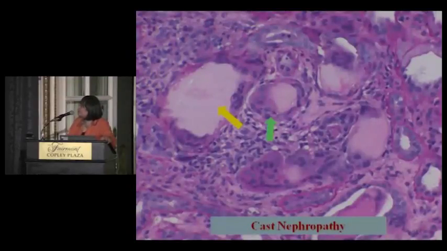Here again, you see infiltrating cells in the interstitium, interstitial fibrosis, and collagen protein deposits, but the hallmark of cast nephropathy is the cast deposit in the tubule. This cast is pale in color when stained with PAS, and this is the hallmark of cast nephropathy. When you see this pattern, think multiple myeloma.